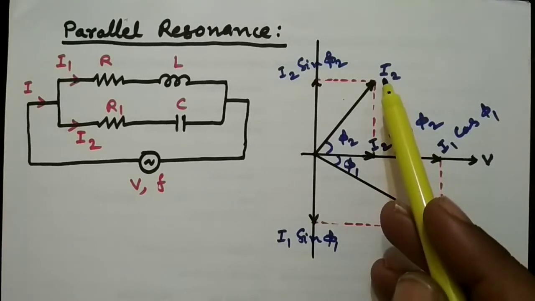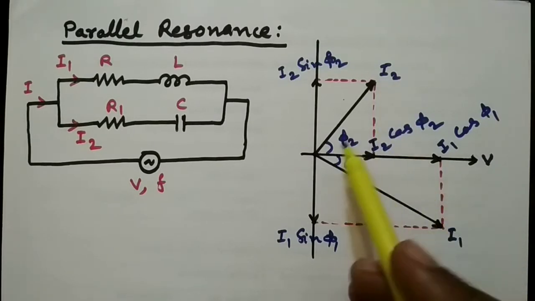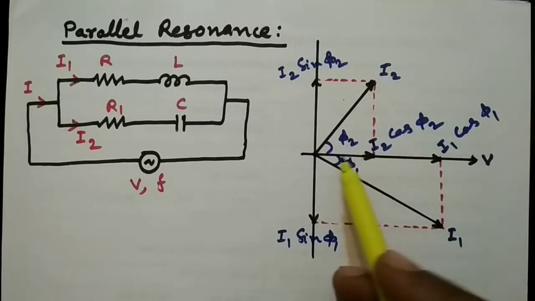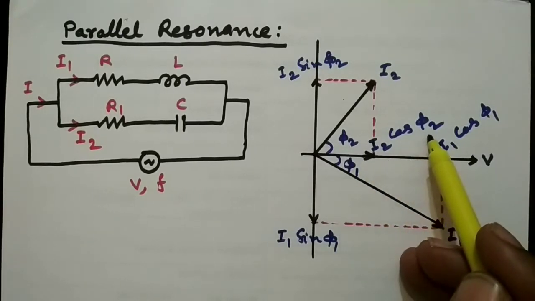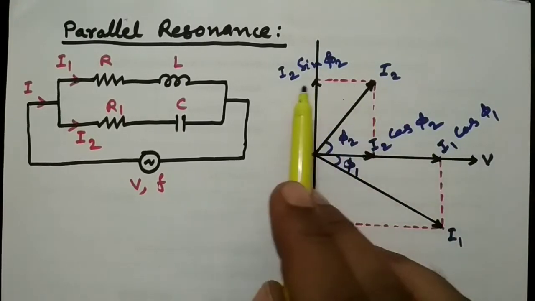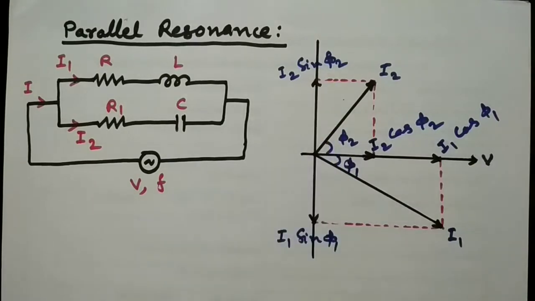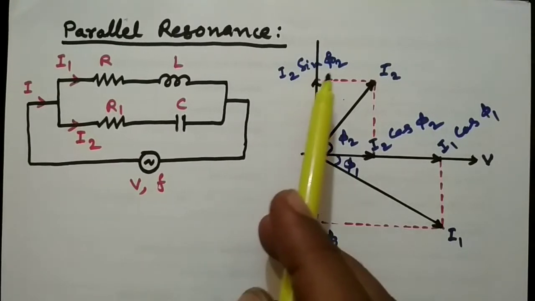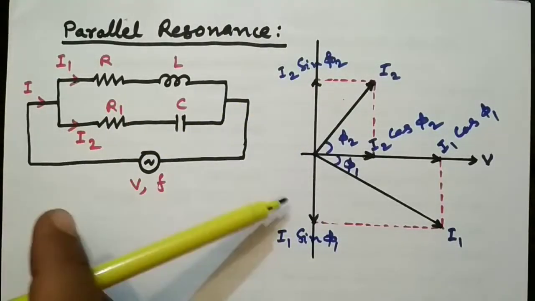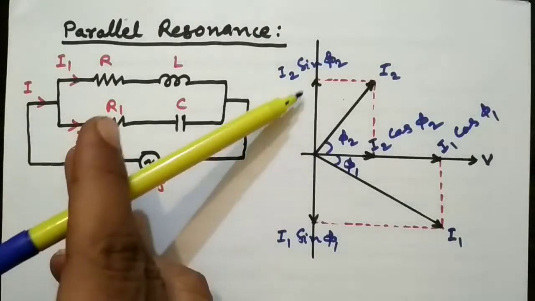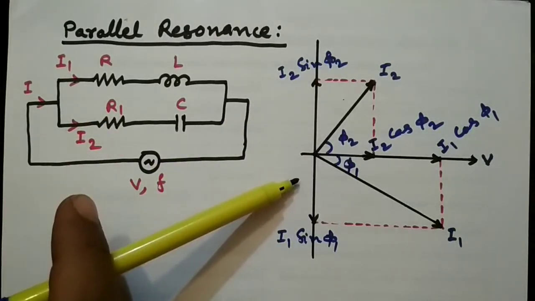Similarly, the current I2 with phase angle phi 2: its horizontal component will be I2 cos phi 2 and its vertical component is I2 sin phi 2. Here we can see that if I1 sin phi 1 and I2 sin phi 2 become equal, then they will cancel each other because they are in opposite directions on the y-axis.